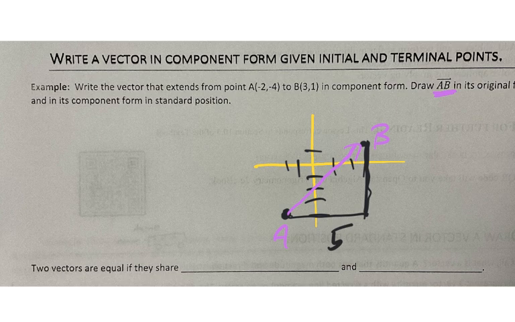From -4 to 1, that's 5. So this one is 5 radical 2. It's a 45, 45, 90. If you weren't sure, you could use the Pythagorean theorem to find the third side, but it's a 45, 45, 90.